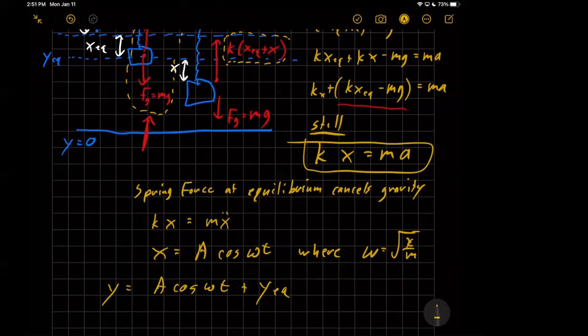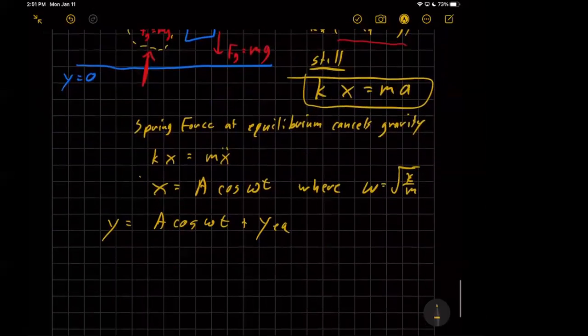The y value at any given time is equal to the displacement, the amount that we've stretched from equilibrium, plus where the equilibrium value is. You could also say that A cosine omega t must be y minus YEQ, which would just be x. This will be the stretch from equilibrium.